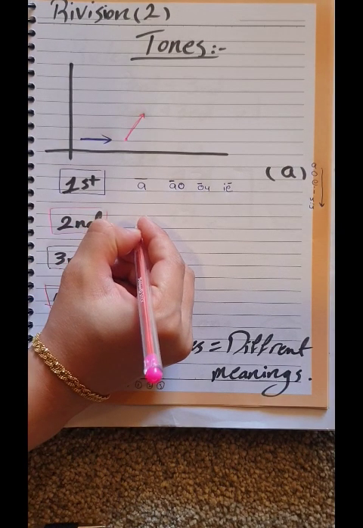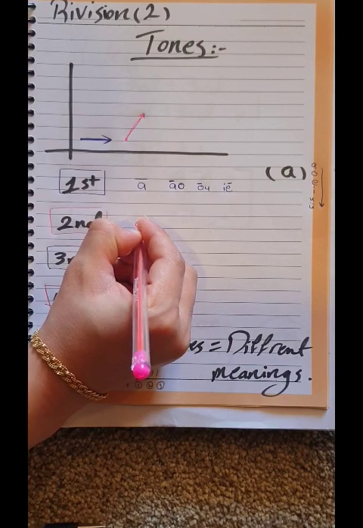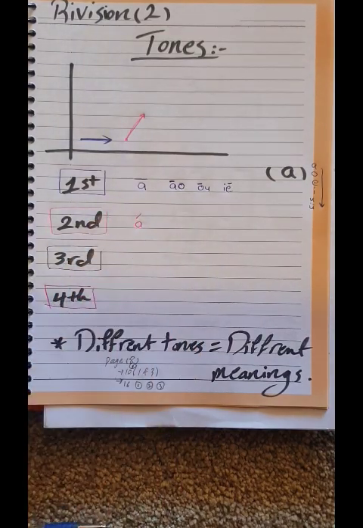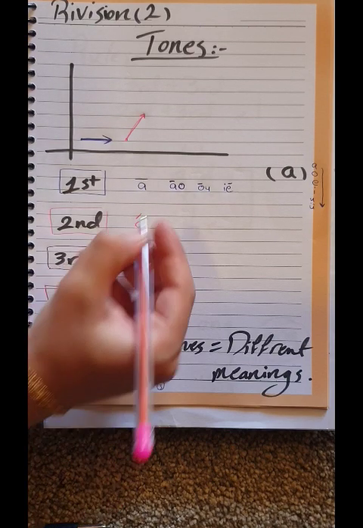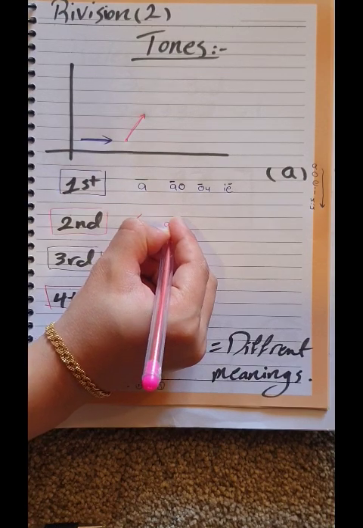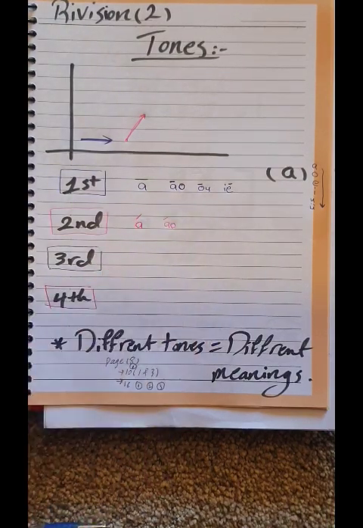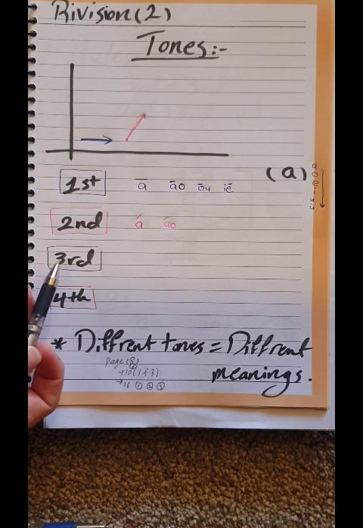So you go up. How to write it? You write it like this, above the letter a. Like asking a question. Ó, áo.